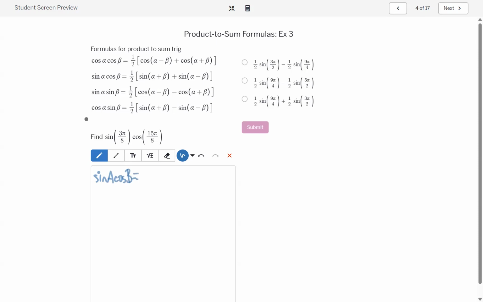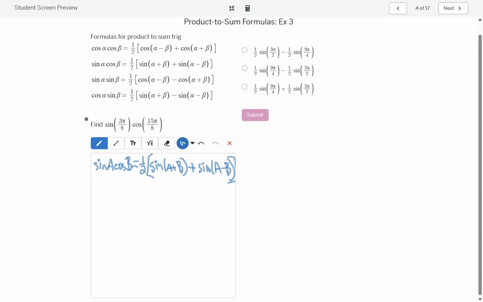So sine A cosine B equals the annoying 1/2 times sine A plus B plus sine A minus B. So this equals 1/2 sine 3 pi over 8 plus 15 pi over 8.